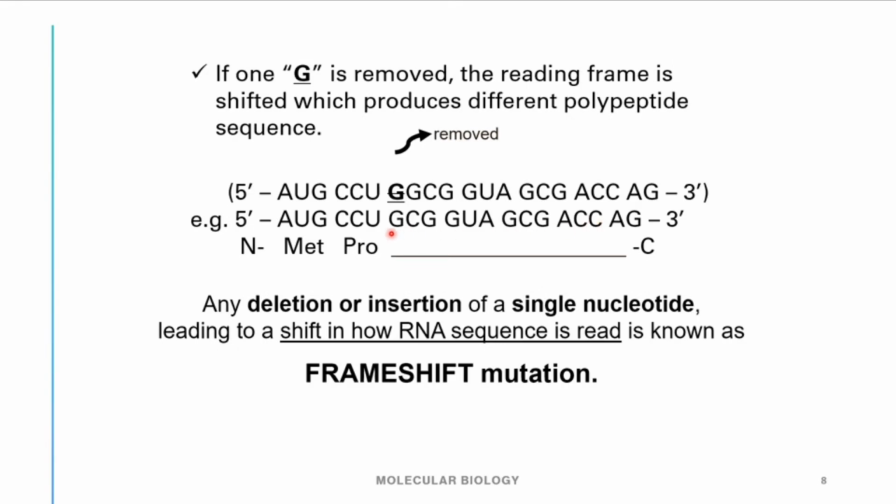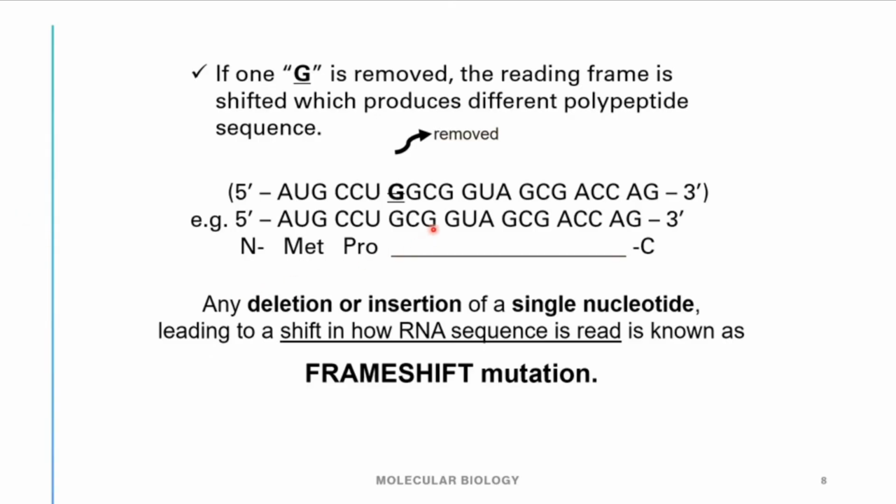Now, I want you to take a couple of minutes to refer back to the list of amino acids, and try to fill in the blanks and tell me what all these amino acids are. Okay, let's see.